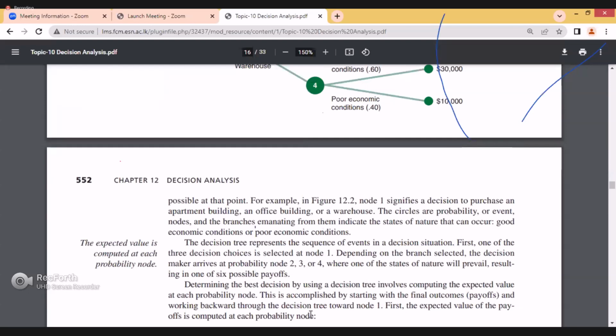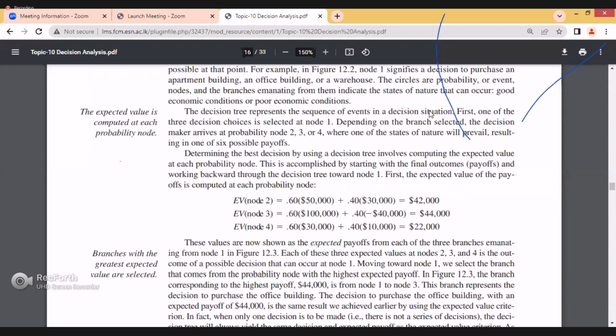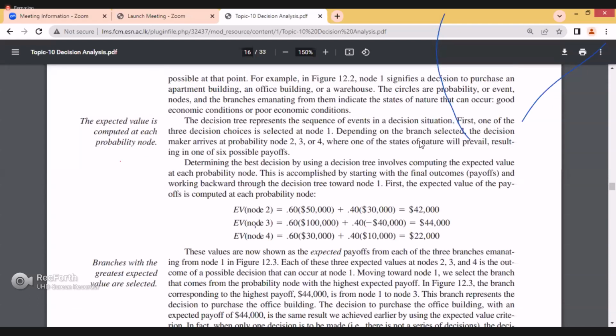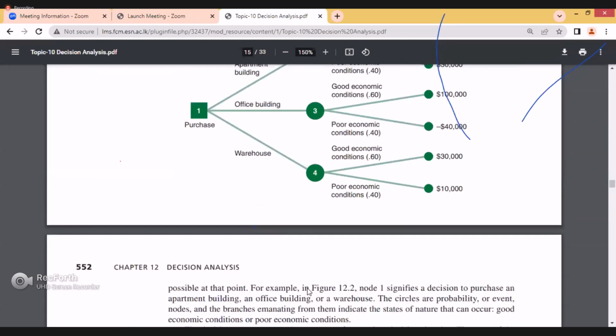The third node is 30, 10, that is 30,000 and 10,000, combined. Then adding that, we can see which expected value is the highest: 44,000. So 44,000 is the second node, and the solution is building.